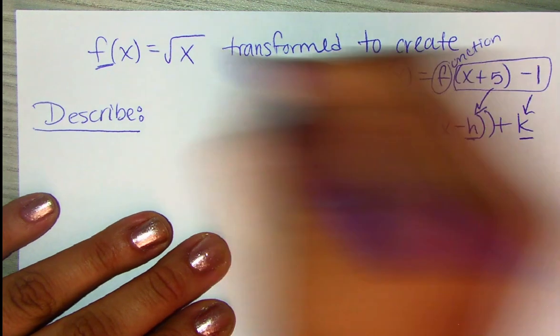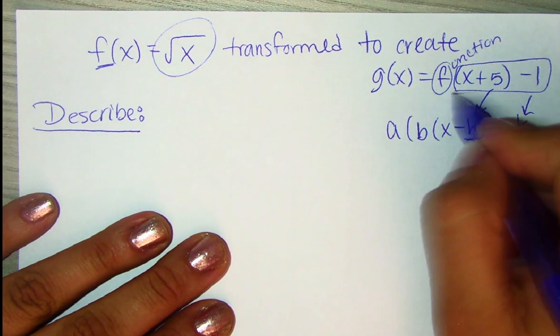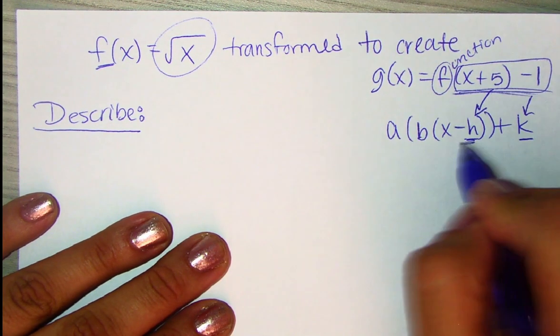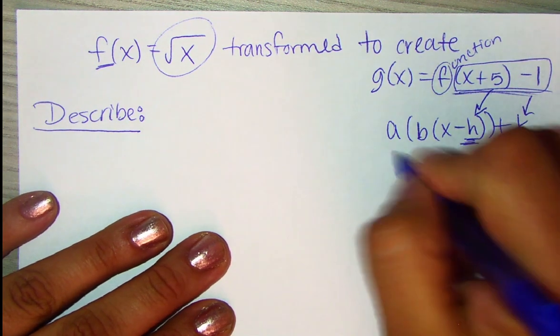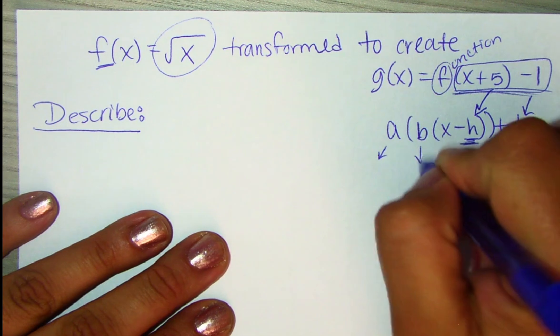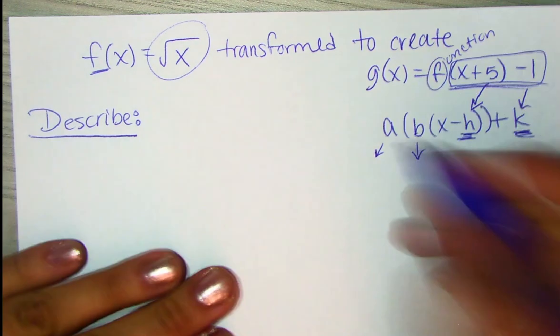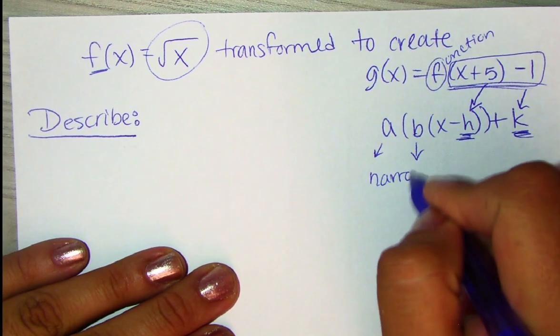So it pretty much says you have this, and then you transform it this way. What are these two values going to do to that parent function? The template stated that the a value and b value change the width, so it makes it narrower or wider.